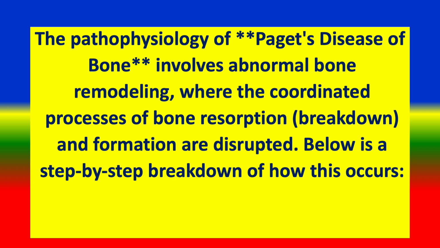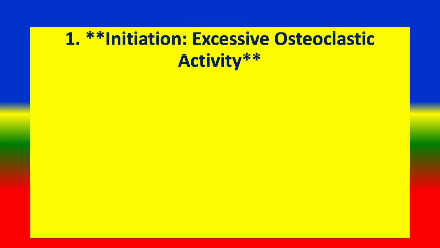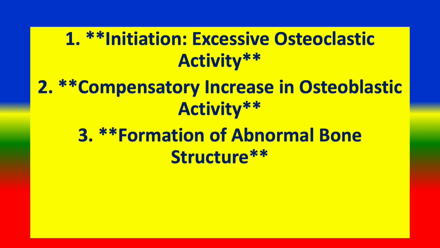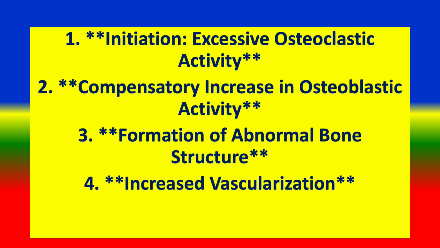Below is a step-by-step breakdown of how this occurs. First step, initiation, excessive osteoclastic activity. 2. Compensatory increase in osteoblastic activity. 3. Formation of abnormal bone structure. 4. Increased vascularization. 5.